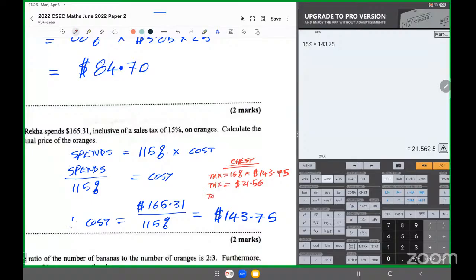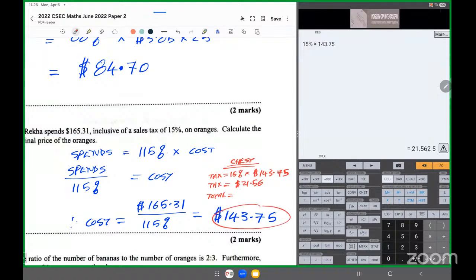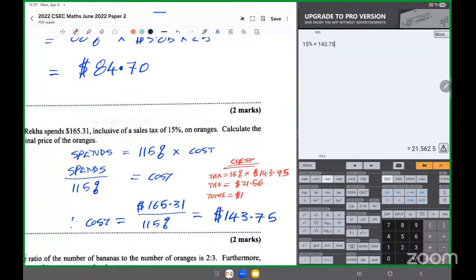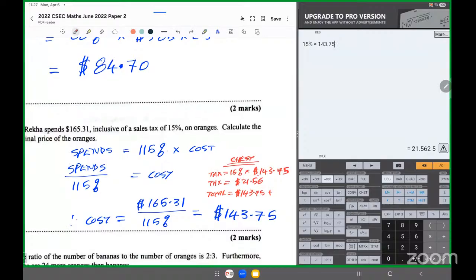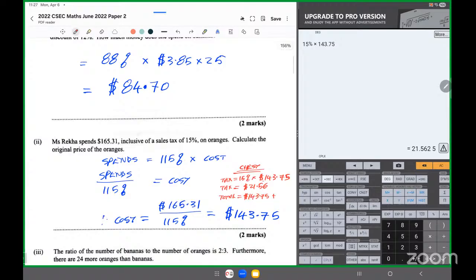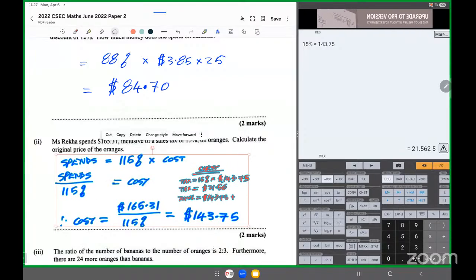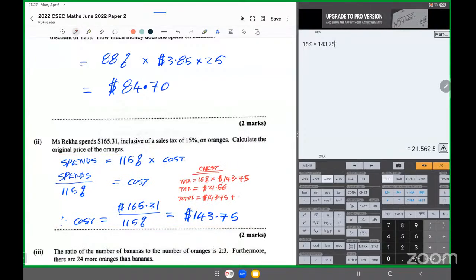So the total would be the original amount, 143.75, plus the tax that she also paid of $21.56.